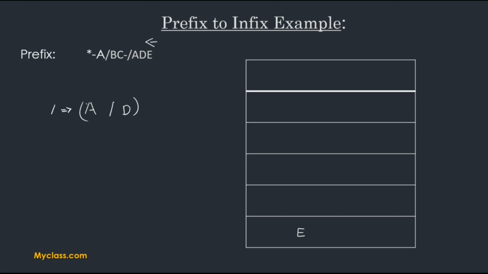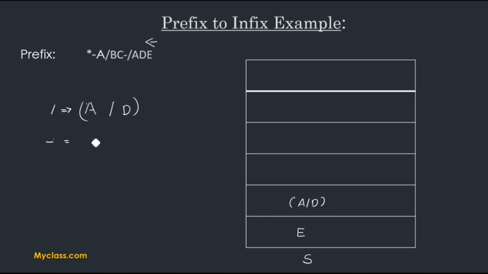After popping A and D, E is the only element in our stack S. Then we are pushing this whole string into our stack, A divided by D. Okay, this is one more element in our stack. Then there is a subtraction, it is also an operator.